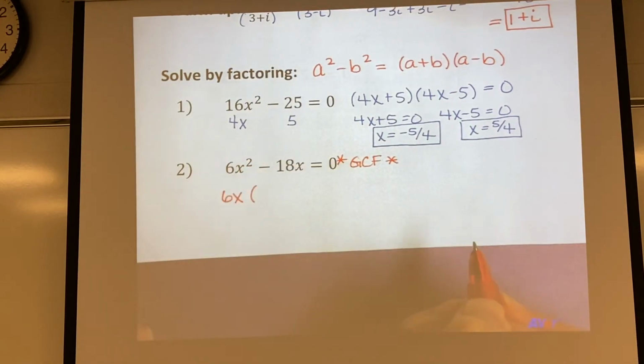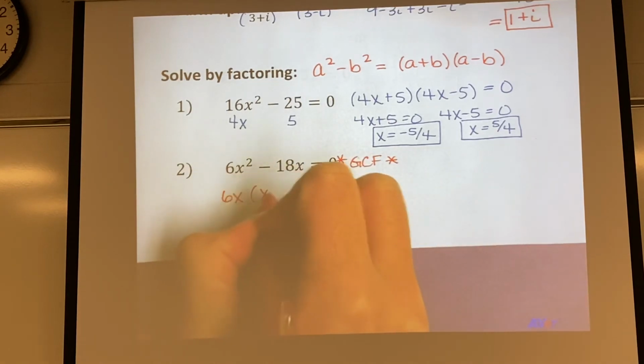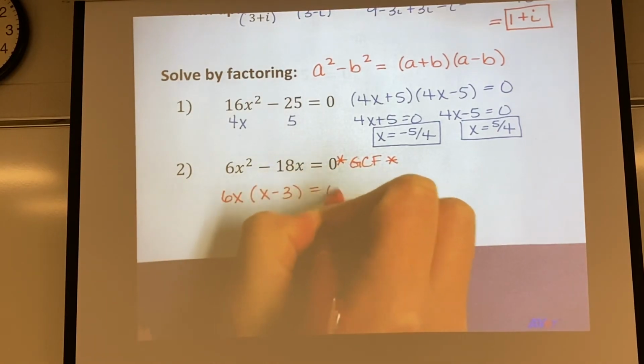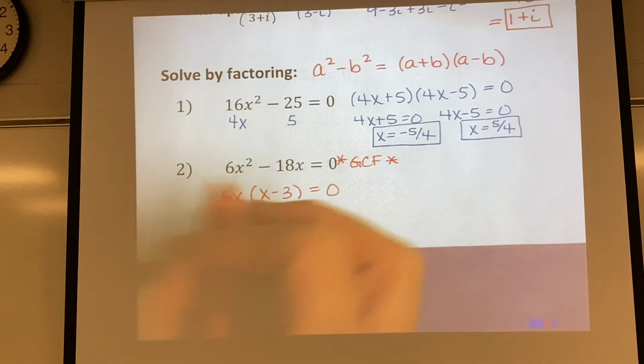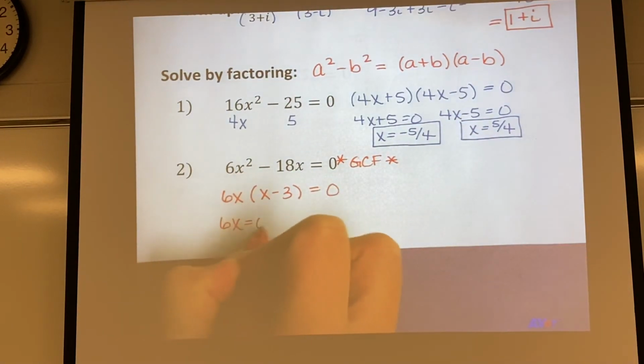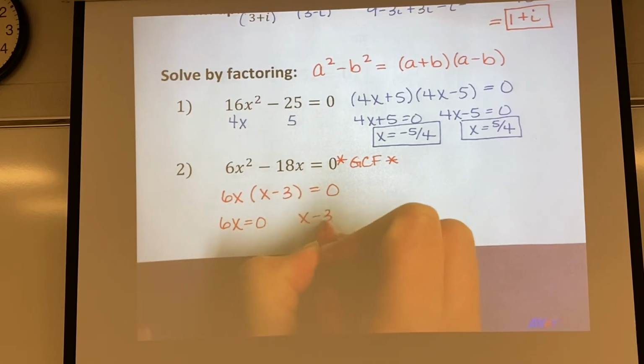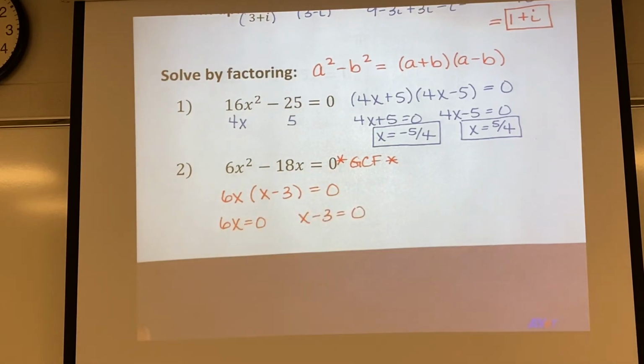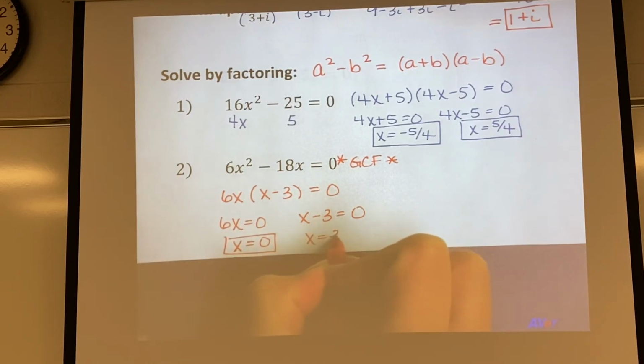When we factor out a 6x, we have x minus 3, and then we're going to set each one of those equal to 0, just like we did up above. So 6x equals 0, and x minus 3 equals 0. So we solve for x here, divide both sides by 6, x equals 0, and add 3, x equals 3. Again, 2 answers for what x could be.